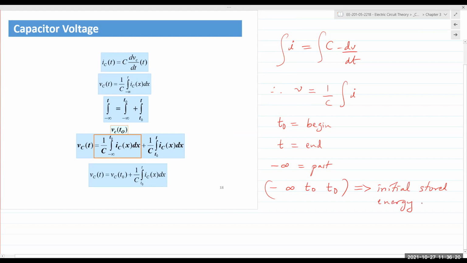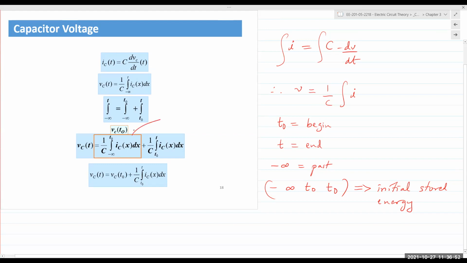So when you're trying to find the voltage across the capacitor, we have to take into account all the initial stored energy. So let's say initially the capacitor had 2 volts. Then you apply a further voltage to it. Now it's going from 2 volts to whatever you applied, right? So you have to account for those initial 2 volts also. And that's what is represented by minus infinity to t0. Okay, does that make sense to everyone? Right, it represents the initial stored energy in that capacitor.